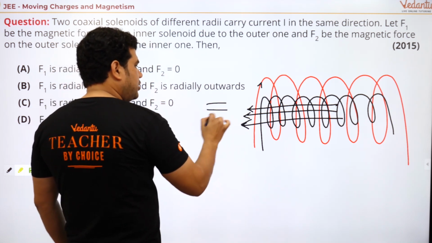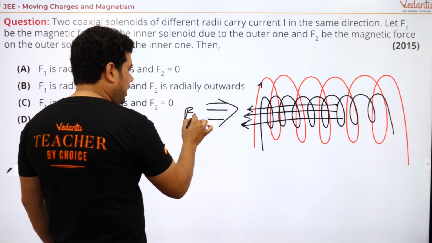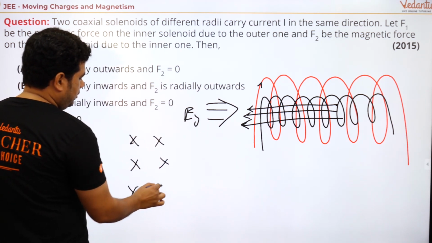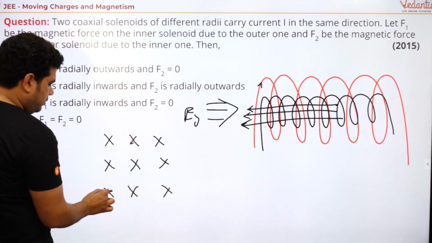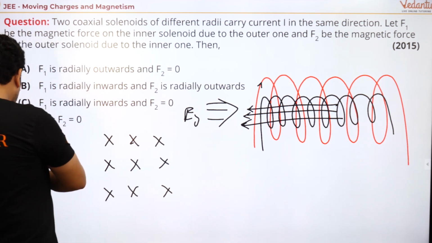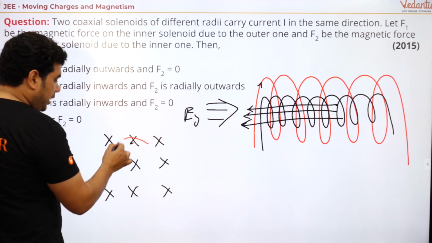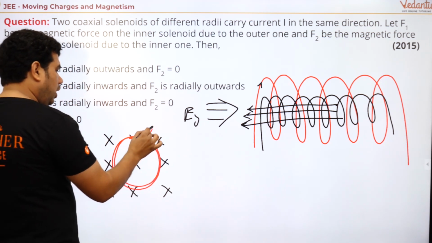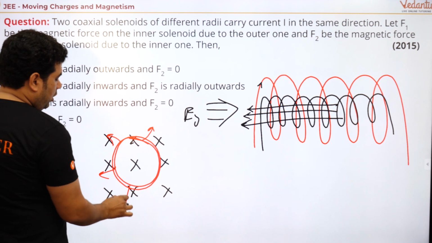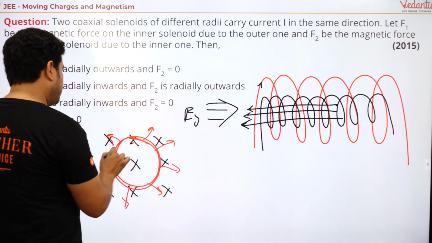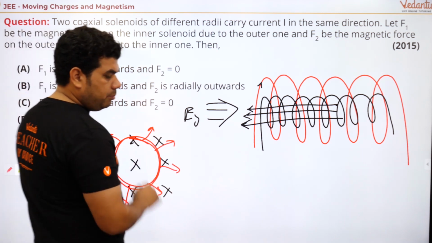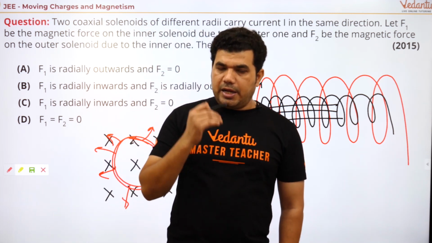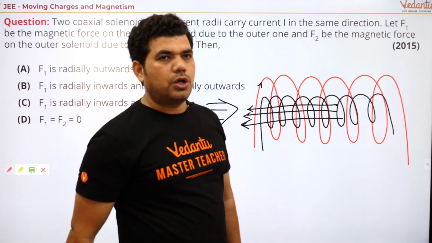Now if you look at the cross section from here, with your eye here, the magnetic field is like this, and you have the current carrying loop of solenoids like this. So all the forces are exactly opposite to each other, every diametrically opposite force. So they will cancel each other and net force on this is also 0.